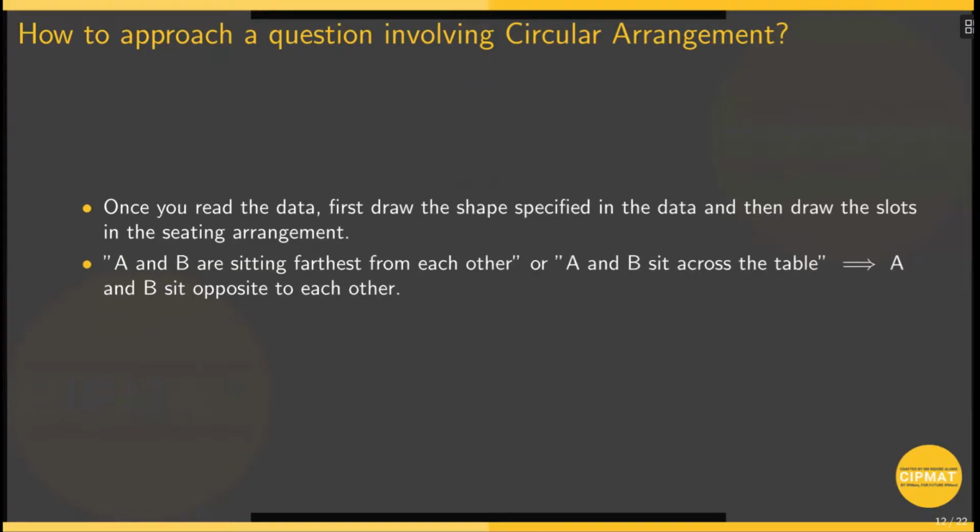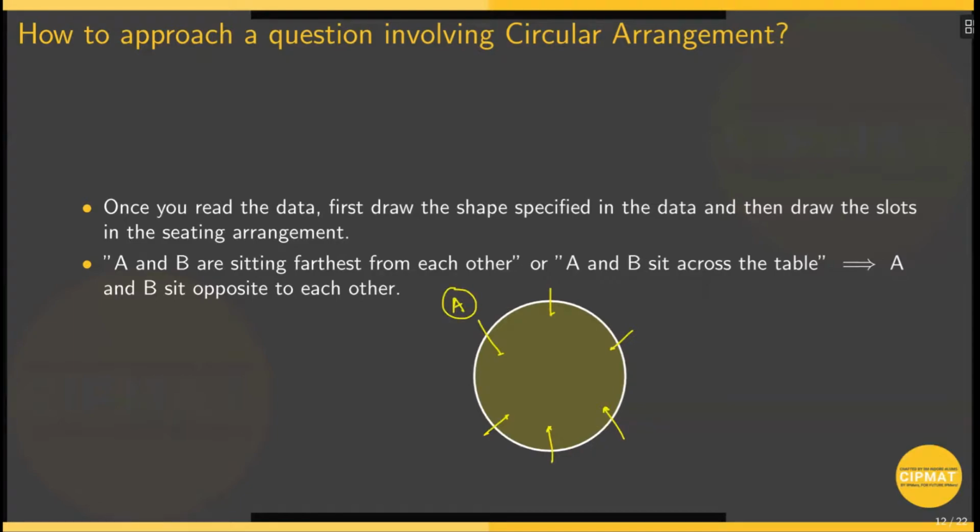Whenever you attempt any question, you will get phrases such as: A and B are sitting farthest from each other, or A and B are sitting across a table. What does that mean? Let me illustrate. Suppose you have a circle and 6 people sitting, 1, 2, 3, 4, 5, and 6.